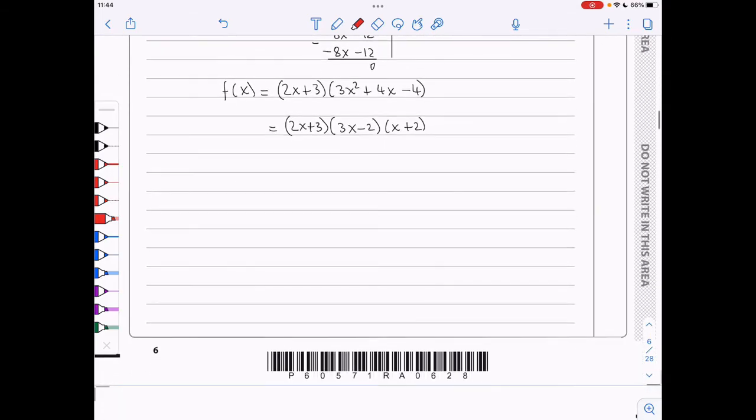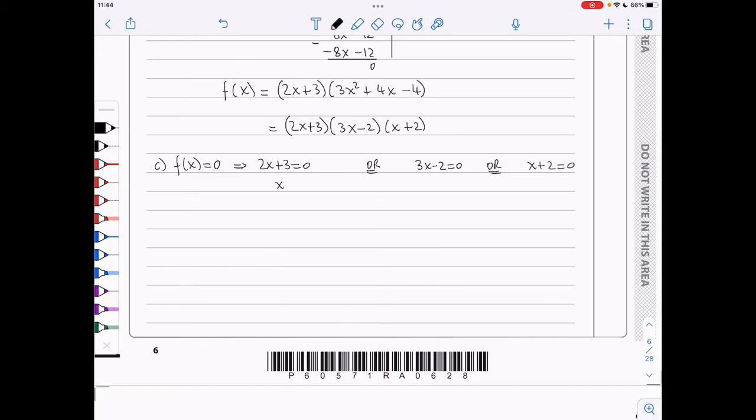So I will start by saying that f of x is 0, which means that 2x plus 3 is 0, or 3x minus 2 is 0, or x plus 2 is 0.